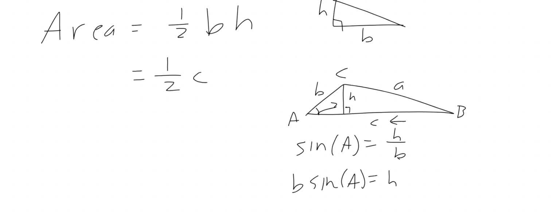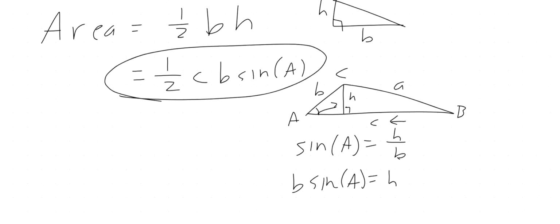And then our h is going to be our b sine of A. So we have a new equation here that can be used to find area based only on side lengths and angle measures. And notice what we have: it is a side-angle-side setup where this works.